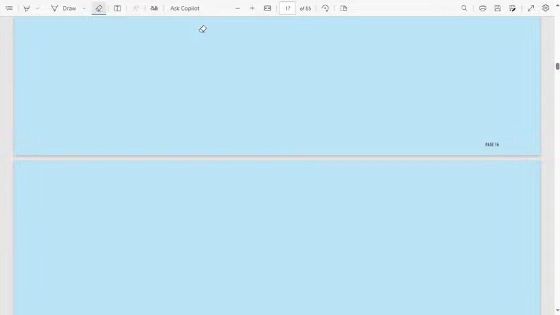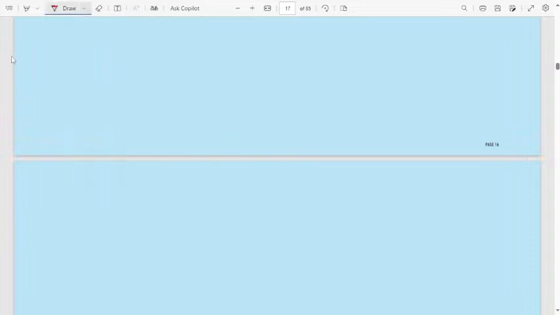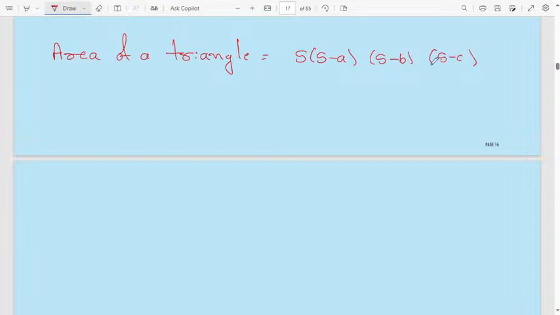Okay, next one, area of a triangle. If the lengths of the sides are given, we will use the square root of s into s minus a, s minus b, s minus c, where s is a plus b plus c divided by 2.